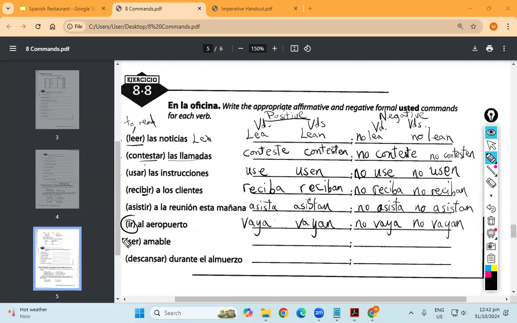Right? Ser, so ir al aeropuerto, go to the airport. Don't go to the airport. Ser amable, be nice, to be nice. So sea, sean. Right? No sea, don't be nice. No sean. Descansar durante el almuerzo.